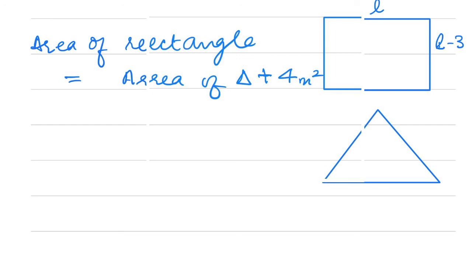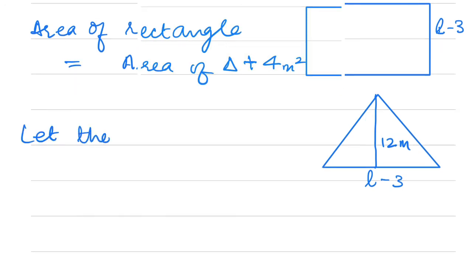Base is the same as the breadth of the rectangle and altitude is 12. So this altitude is 12 meters. And we have to find the dimensions of the rectangular park.